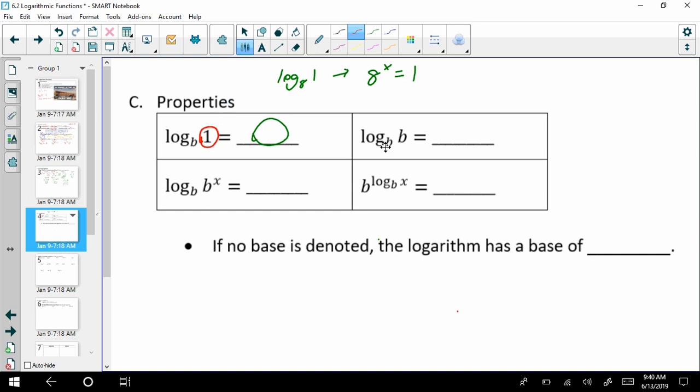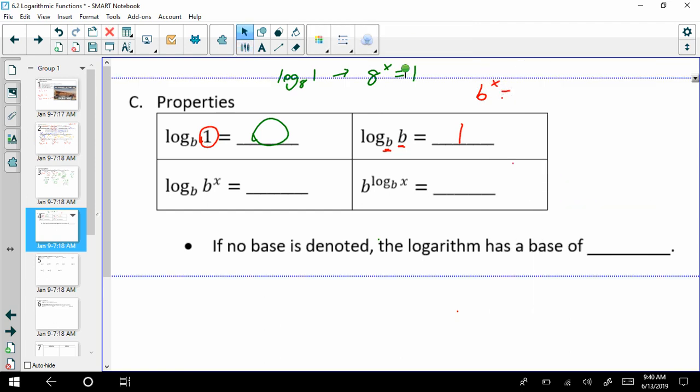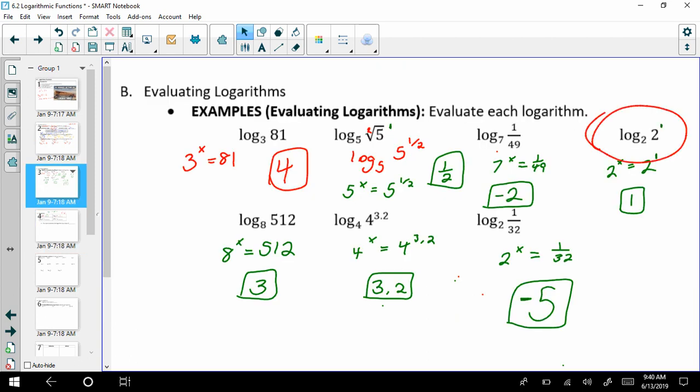Next one, what happens if these two numbers are the exact same? The answer is 1. Why is that? Well, this was asking b to what power is b? Well, there's a 1 sitting there, so it has to be 1, and we actually did one like that right here.